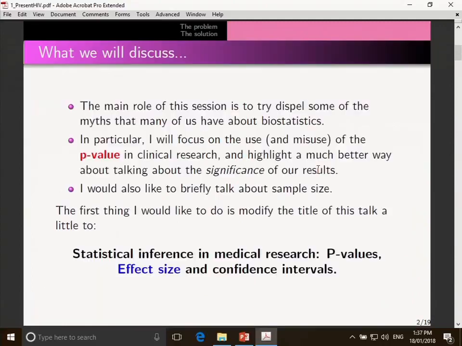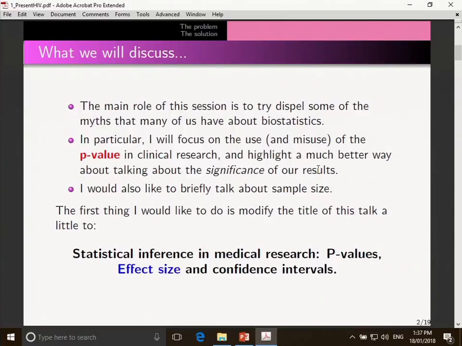Okay, so the main role of this session is to try and dispel some of the myths that we have about how we should talk about significance. And I'm going to discuss that word significance in a lot of detail. In particular, I'm going to focus on the use and what I see as misuse of the p-value in clinical research, and highlight a much better way.